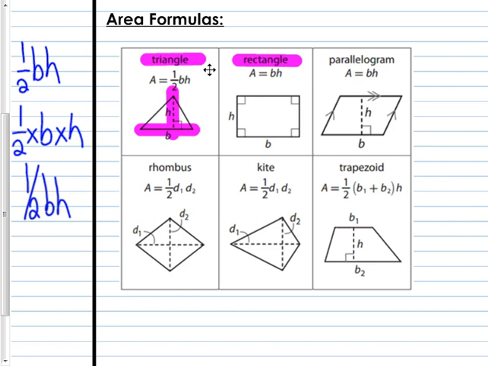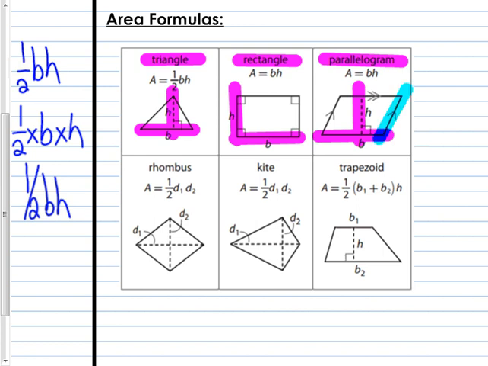A rectangle is simply the length of the base times the length of the height. Okay? Parallelogram, you need to know the base and you need to know the height. And again, the height has to be perpendicular to the base. So this, the blue part, is not the height. Okay?